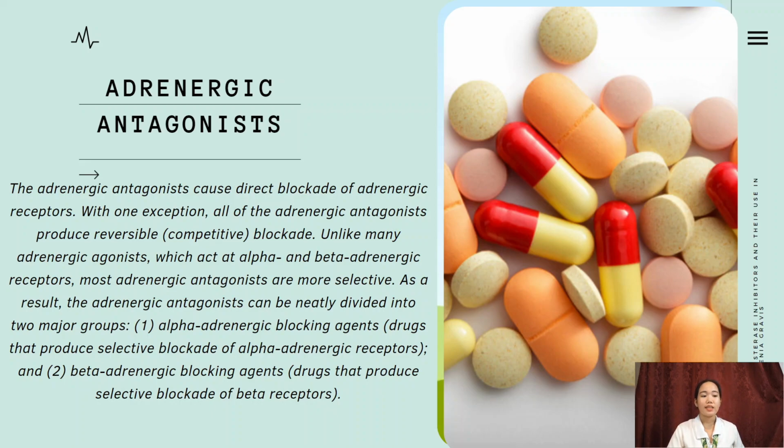As a result, the adrenergic antagonists can be neatly divided into two major groups. First is the alpha adrenergic blocking agents, or the drugs that produce selective blockade of alpha adrenergic receptors. Second is the beta adrenergic blocking agents, or the drugs that produce selective blockade of beta receptors.